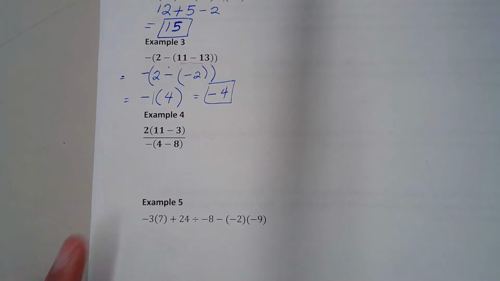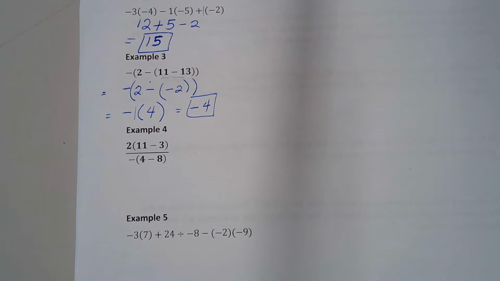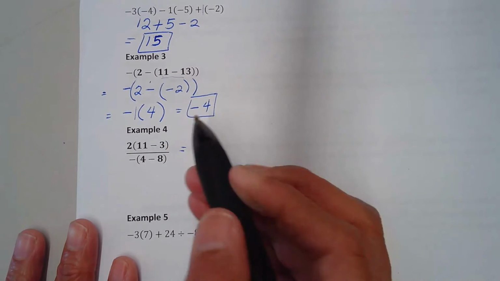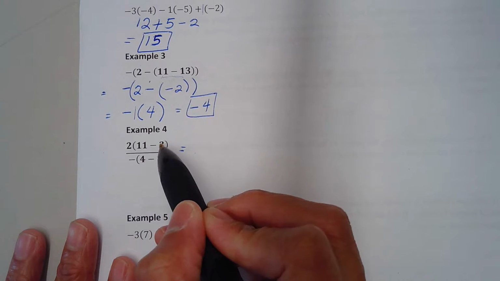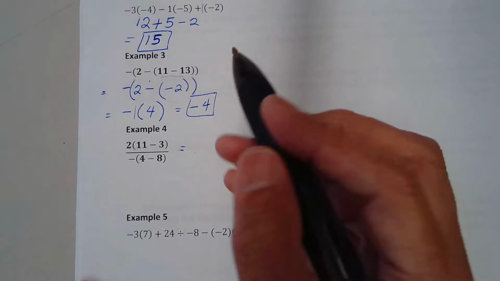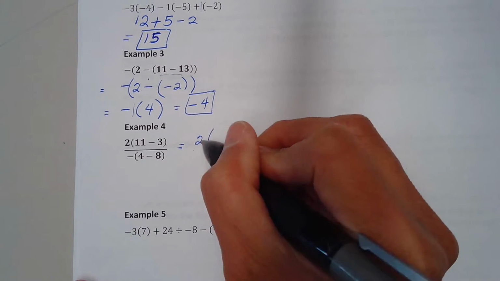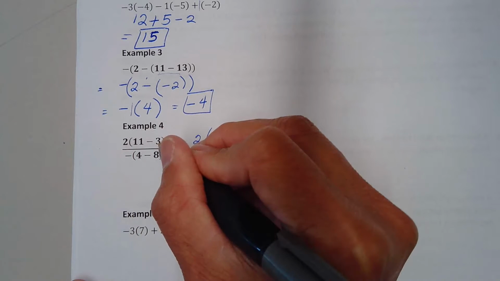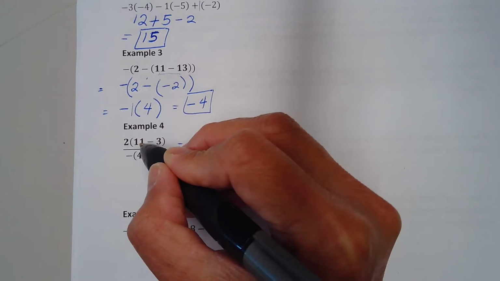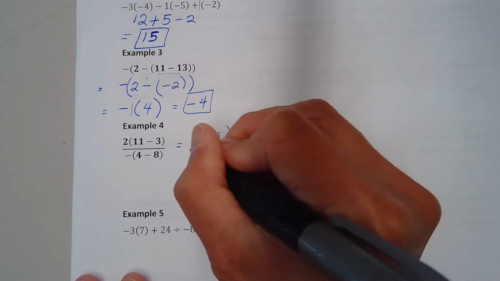Good, awesome. Take a look at example number 4. What's the first thing that we should do for this particular one? What operation do we see? Subtraction. We've got the brackets, and inside the brackets is a subtraction. And then the denominator here. Figure out the numerator part first. So 11 minus 3 is going to give us 8. So 2 times 8.